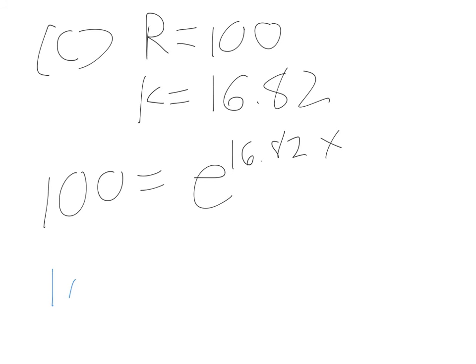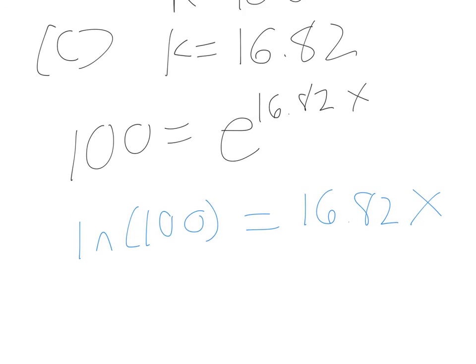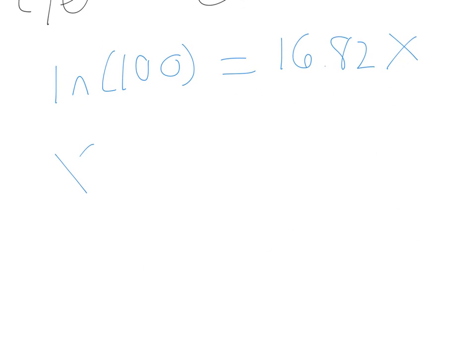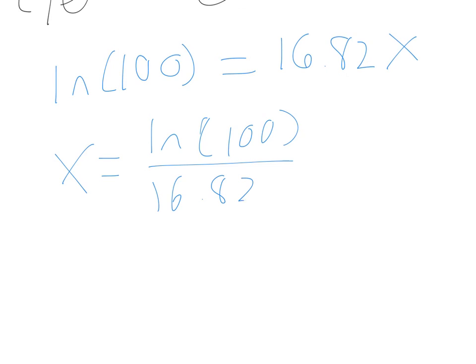So we can do ln of both sides, and it should simplify to 16.82 times x if you do that. So now x is equal to natural log of 100 divided by 16.82, which means that would correspond to a blood alcohol content of about 0.27%.